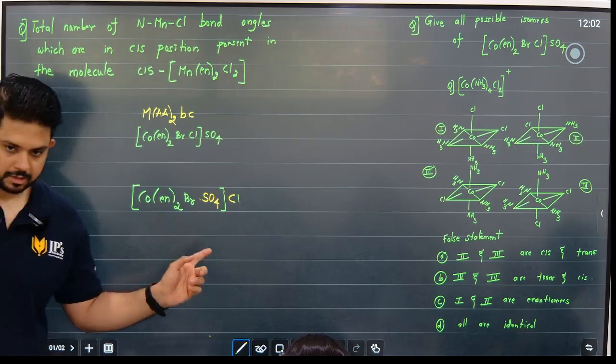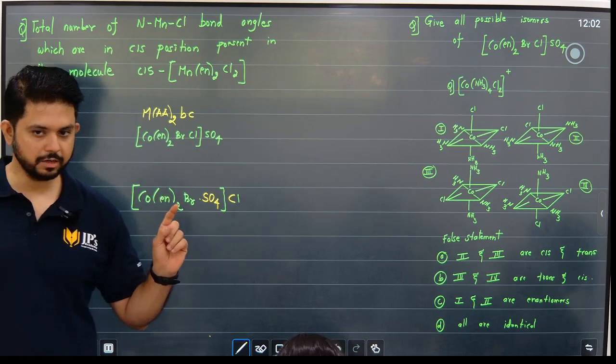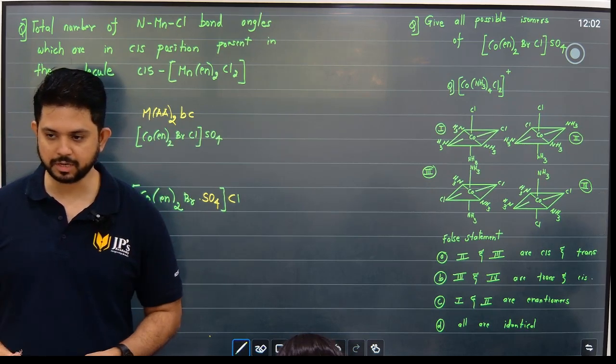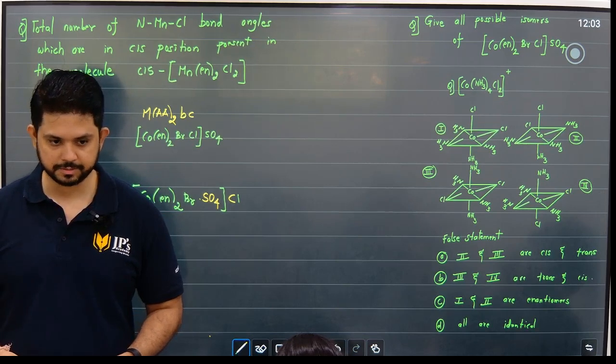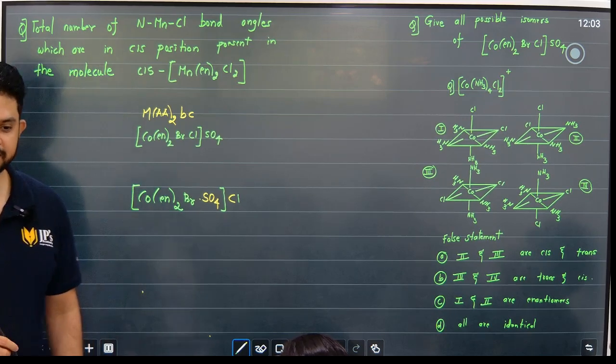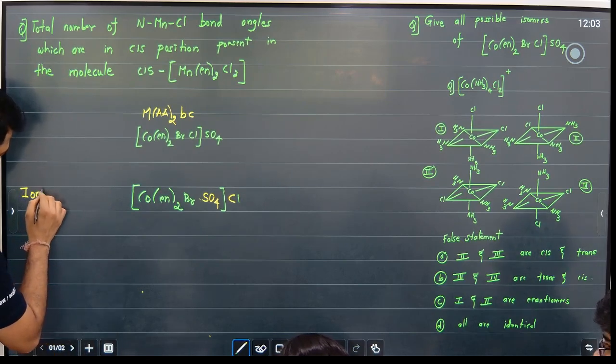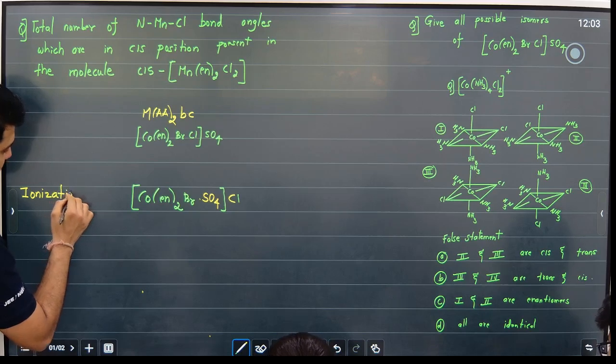The counter ion can behave like a ligand and the ligand can behave like a counter ion. Which type of structural isomerism was this? Excellent. Ionization isomerism. Very good people.